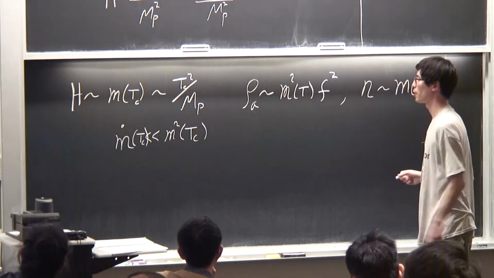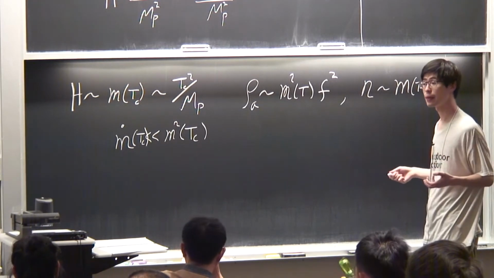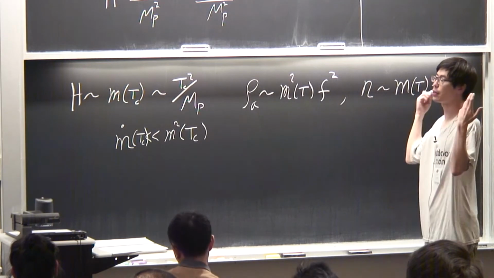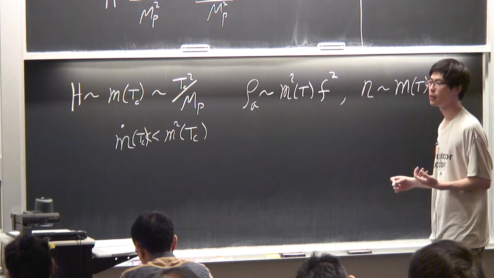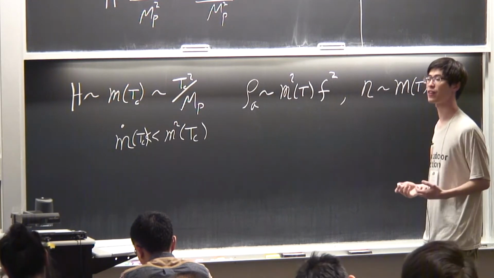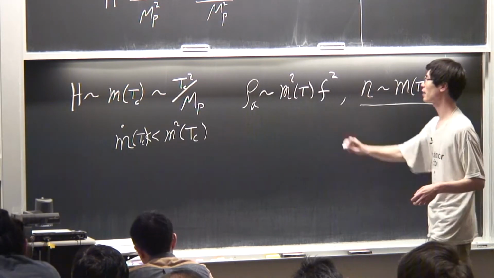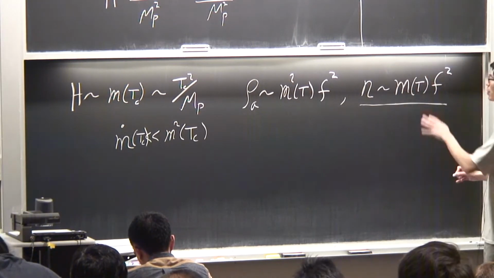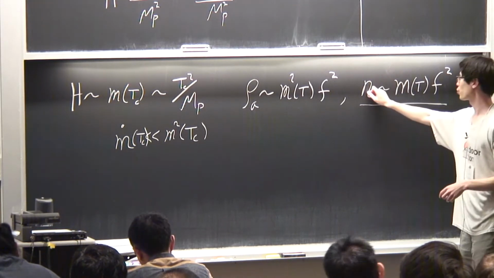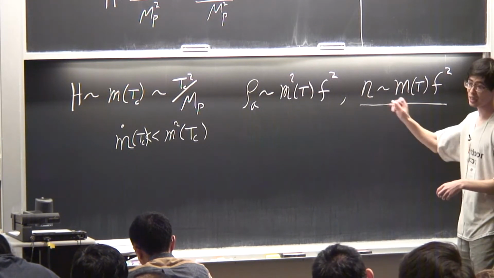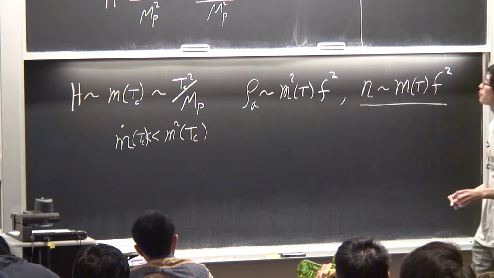So in other words, the slow change in the axion mass is adiabatic. We can use the WKB approximation, which is that as the mass is increasing, the energy is changing, yes, but the number density of axions is constant. And that's why we care about the number density and not the energy density. Because if we forget about the expansion of the universe, what is constant in time is the number density and not the energy density.